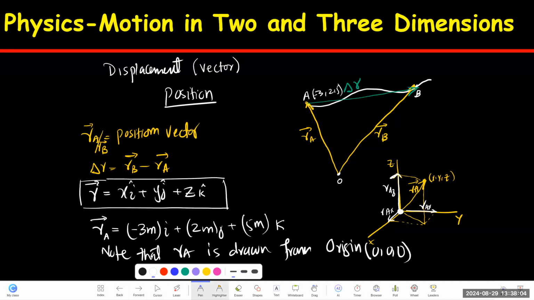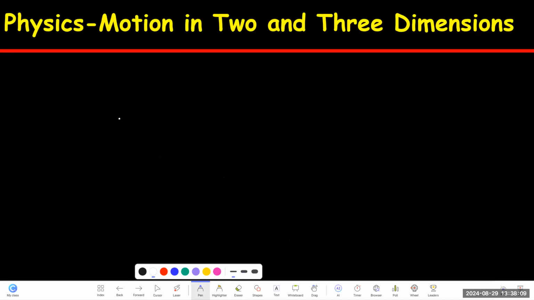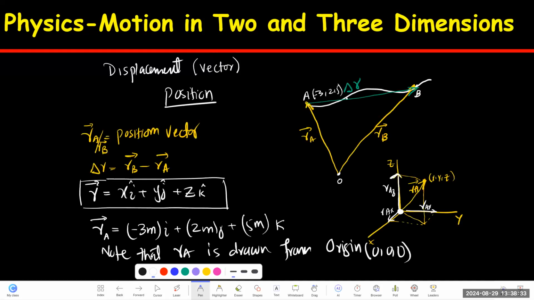Now, if you have positions like this and you want to get the delta, what you're going to do is take delta R equal to R2 minus R1, or RB minus RA. And if you want to substitute the values, you can directly substitute them. So the coordinates of r1 and r2 are substituted like this: x2 minus x1. Really, these are the two points, x1, y1 and x2, y2.